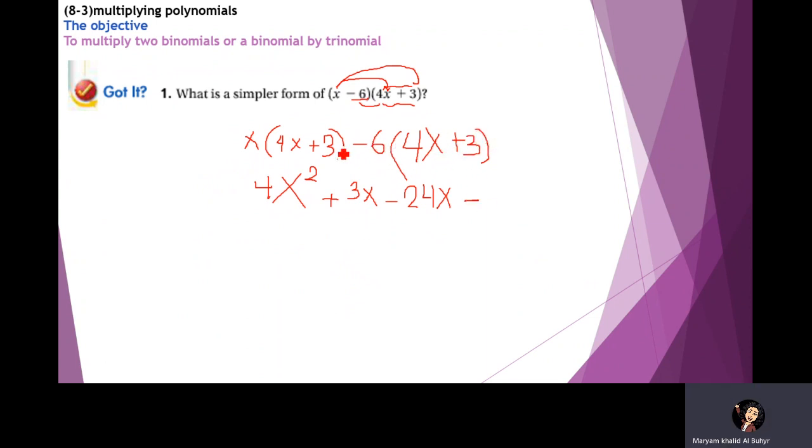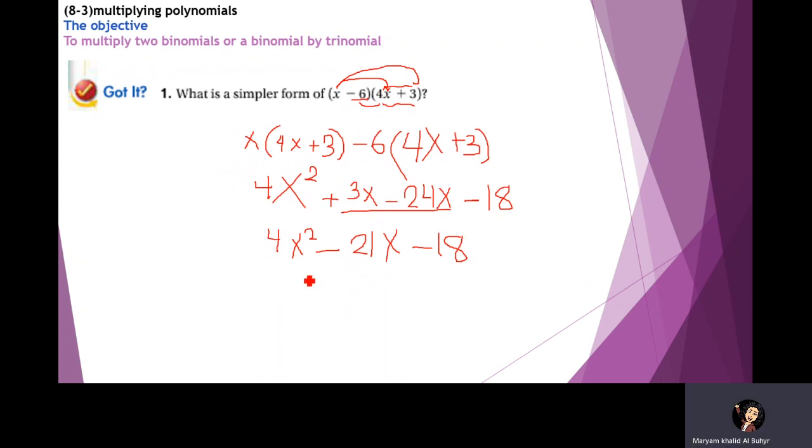Here, minus times plus is minus, so that will be 18. Calculate what you can calculate. These are like terms, so that will be x to the power 2 minus 21x minus 18. That's it.